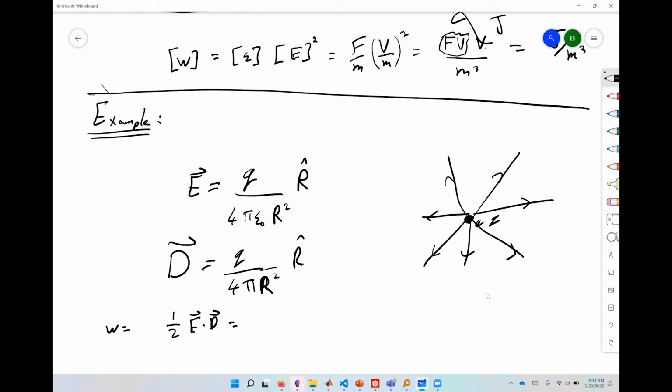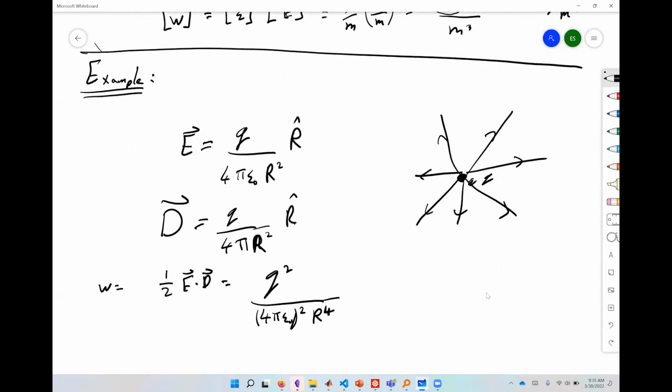R hat dot R hat goes away, it's 1. We end up with Q squared over 4 pi epsilon squared, that's a constant, r to the power 4. So this is the energy density.